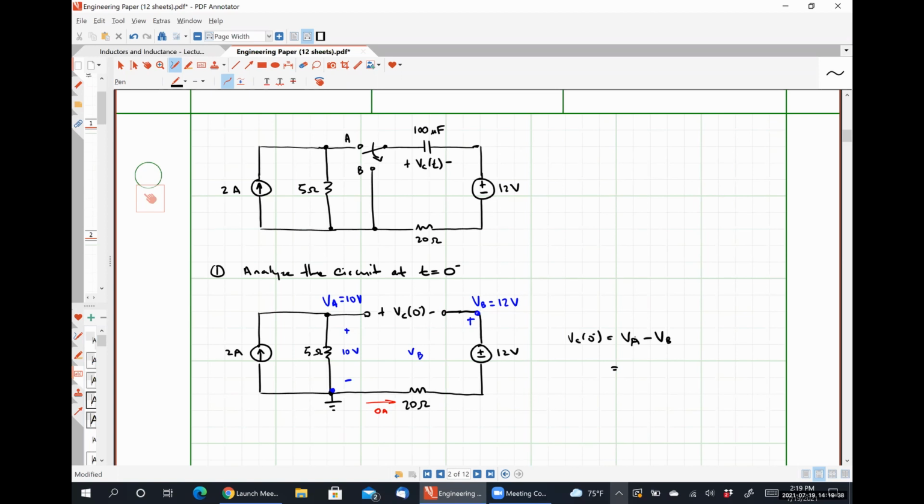So that means VC is equal to 10 minus 12, which is negative 2 volts. Is anyone confused by the circuit analysis that we have just done?